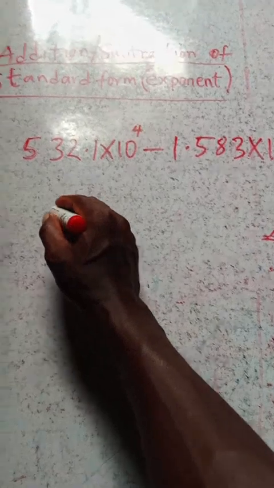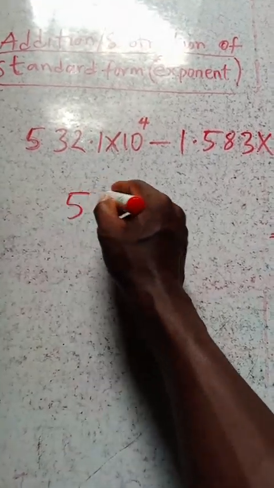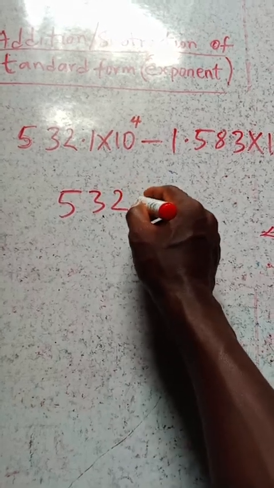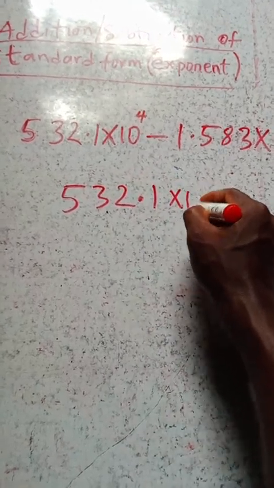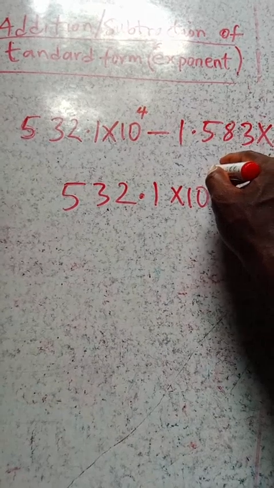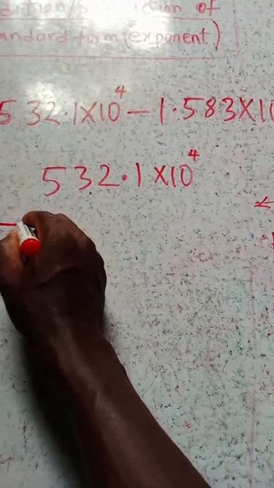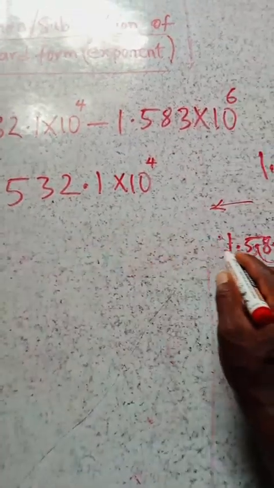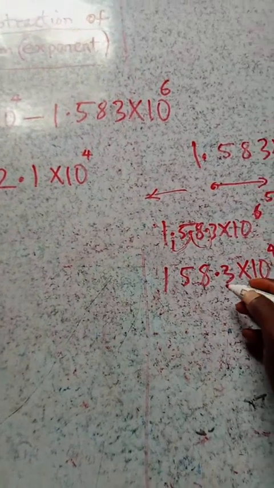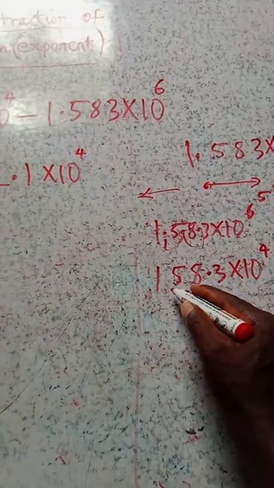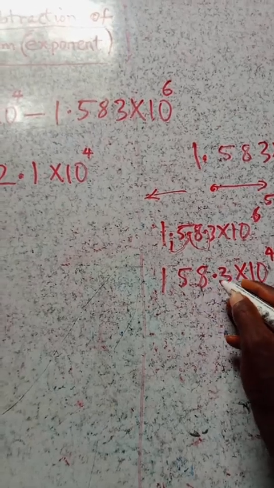So here, 532.1 times 10 raised to power 4, minus what did we get here? We had 158.3.